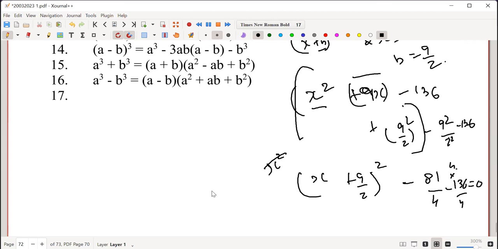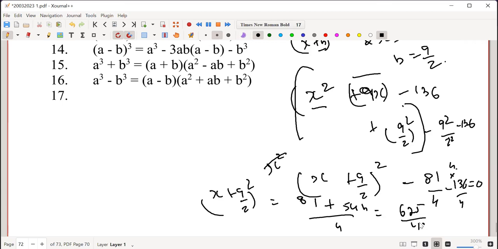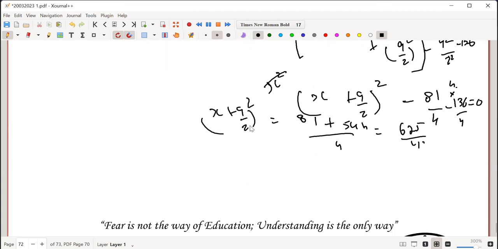So x plus 9 by 2 whole square equal to 81 plus 544 divided by 4. That is 625 divided by 4. When I take square root, it becomes x plus 9 by 2 equal to plus or minus 25 by 2.